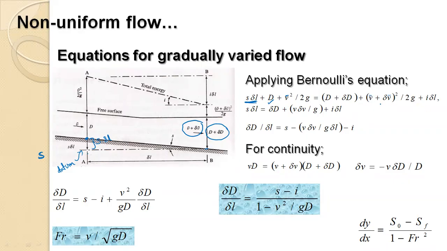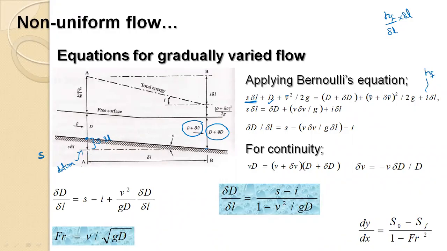Since I have considered the friction head loss, and the friction gradient I is friction head loss divided by delta L, then I into delta L would give me the friction head loss. So I have to add that to point B, and I have added that.